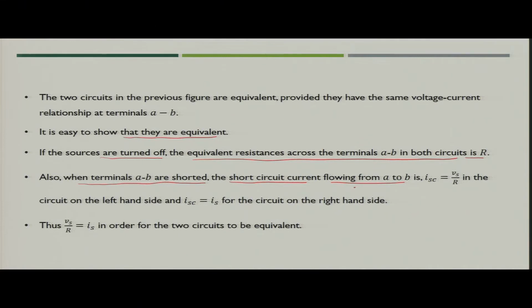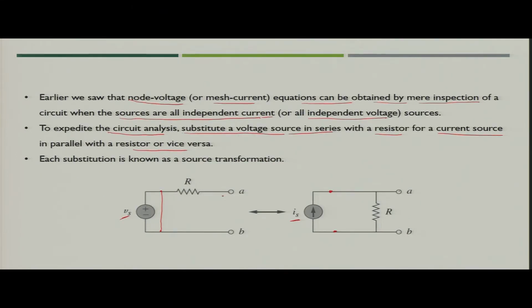from A to B? Let us see this circuit once again. The circuit is the same as it was previously, and now you have to short circuit A and B, and your objective is to find the value of this short circuit current.